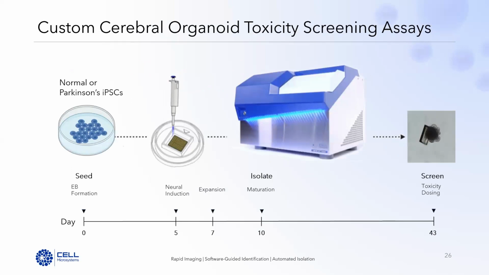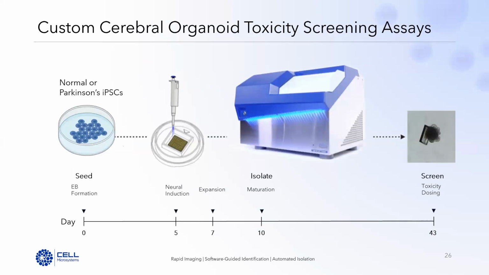The schematic of our protocol for developing these assays is here. You can see we're starting with either normal or Parkinson's iPSCs. On day 0, we're seeding them onto the CellRaft array in our embryonic body formation media. On day 5 and day 7, we're performing full media changes on the array very quickly for neural induction and expansion.